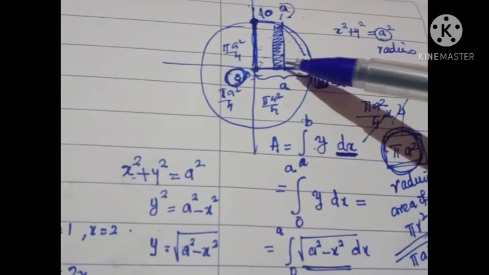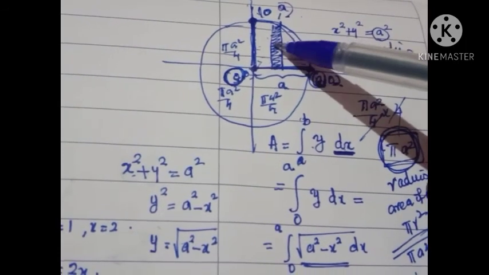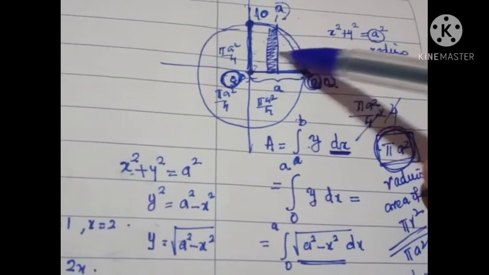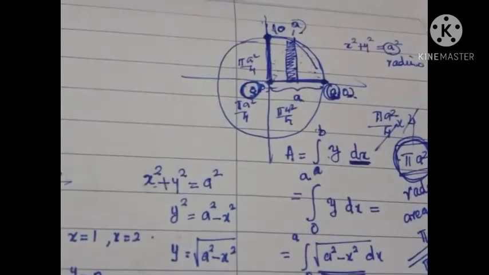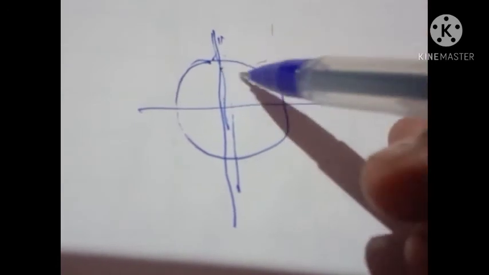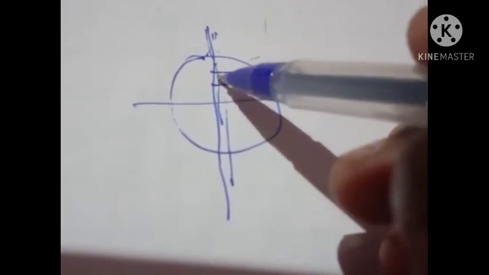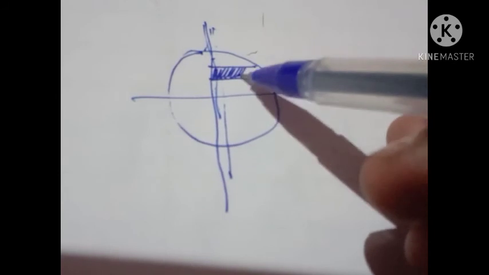Now we can see what the answer is if we consider horizontal stripes. So consider the same problem and we are going to take horizontal stripes. See, this is the circle. The same procedure. Consider this sector and take a stripe, and this stripe is horizontal.